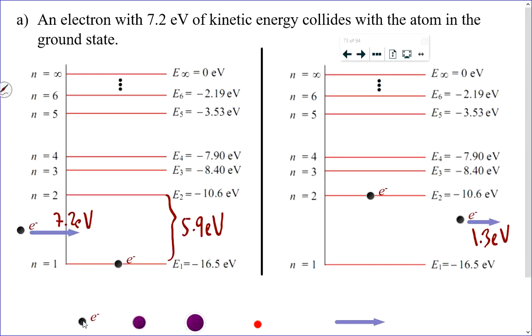Are you with me? So on the one hand, the bombarding electron doesn't have any quantum rules tied to it. It can lose however much energy it wants. But since it's losing energy to something that is restricted by quantum values, there's kind of a restriction on it as well. Let's try another one.